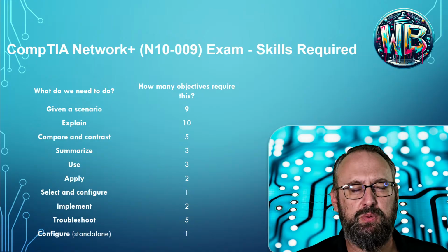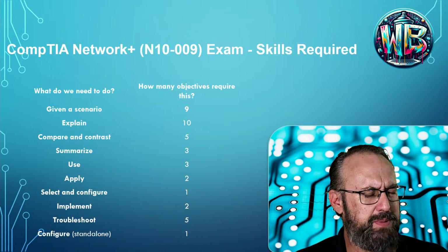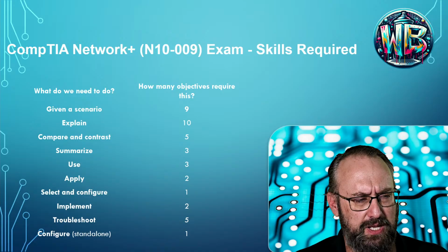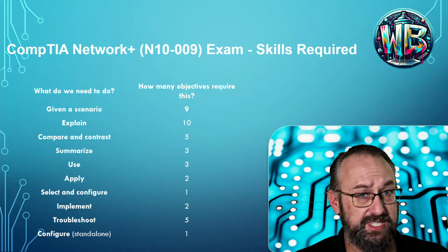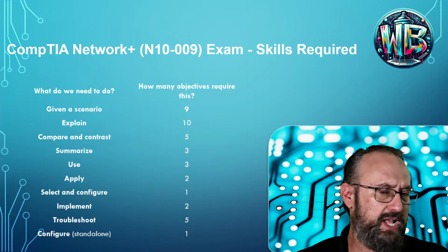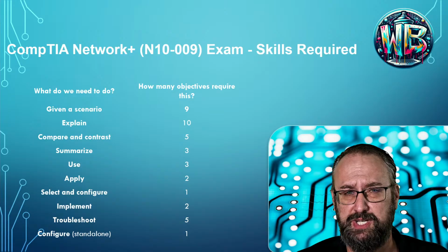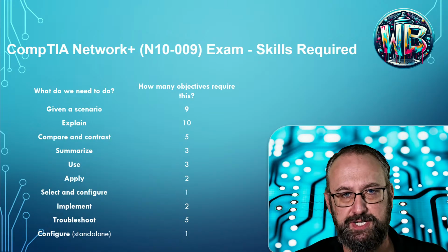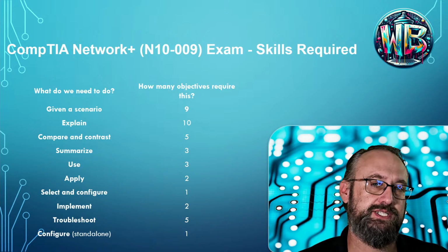So you'll see, I believe, thinking back, lots of objectives up here in this header. I believe when we looked at the A+, both of them, 1201 and 1202, you would see that there was, for instance, install and configure, and that was, let's say, 5 times it appeared in the exam objectives. But then there were also standalones, where install appeared 3 times and configure appeared 3 times, right?